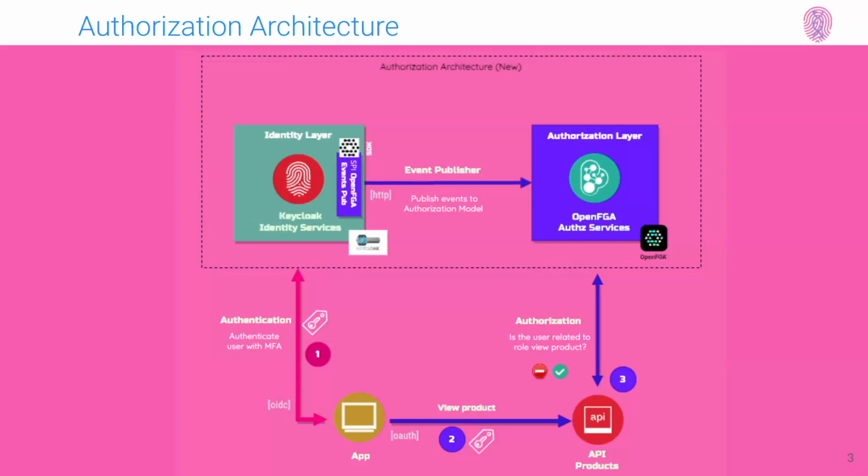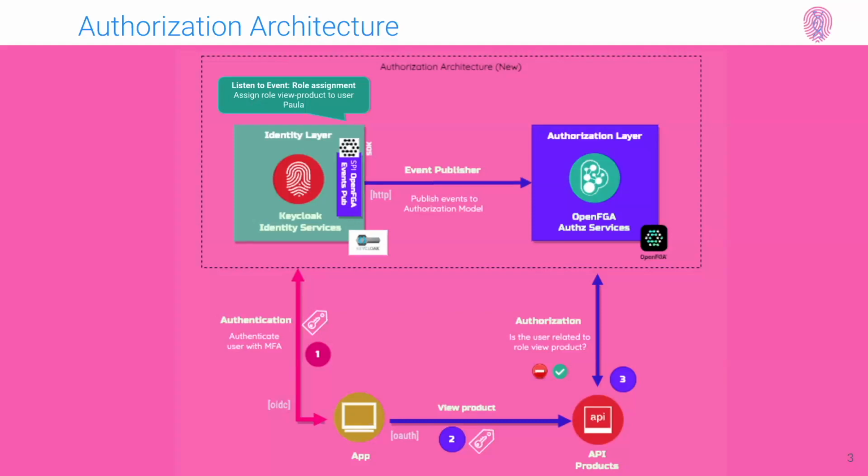So, for instance, when I assign a role on the identity provider, the extension listens to that event, and then the Java SDK helps me translate this role assignment.